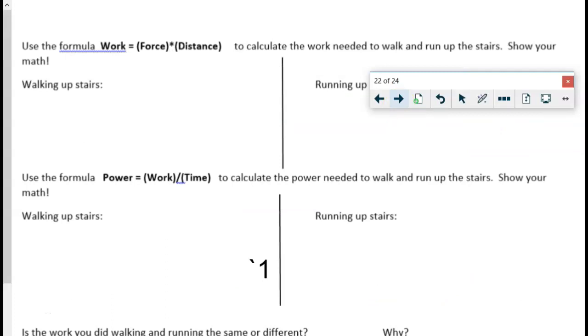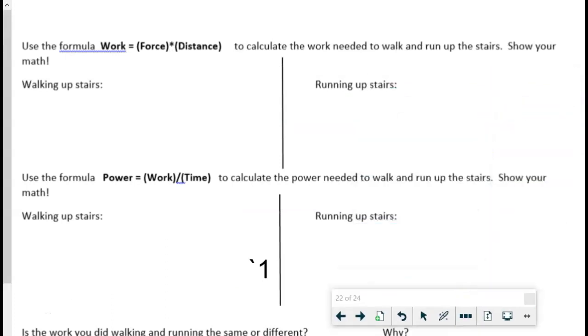All right, so here's the math I'm going to do. Now, again, my numbers are different than yours. Don't copy my numbers. You have to use your numbers. Okay, but the formula for work is force times distance. So when I was walking up the stairs, my force is gravity pulling me down, so I figured out that was 450 newtons.